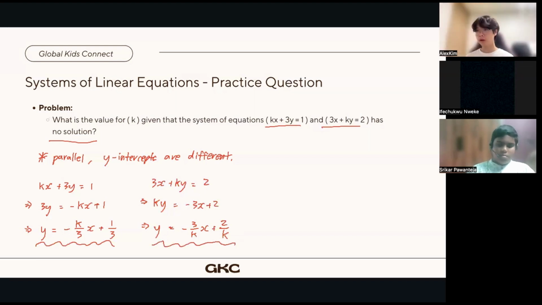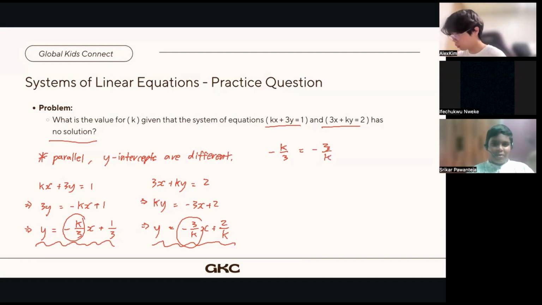And first of all, we can say that because we know the two lines have to be parallel, then their slopes will have to equal the same. So we take the slopes of the two equations, then we say that they are equal. If we know this, then we can solve to find k.